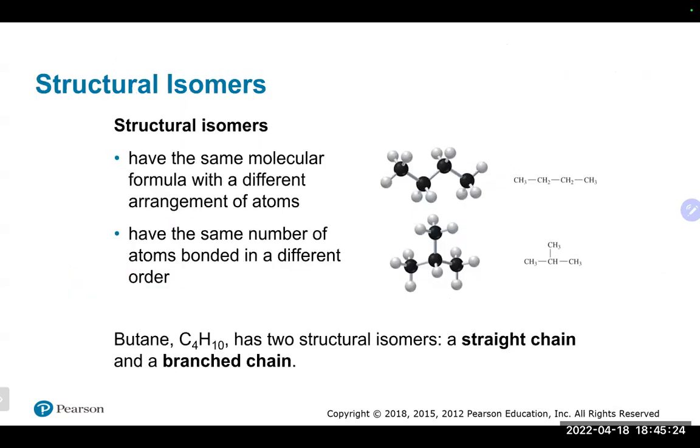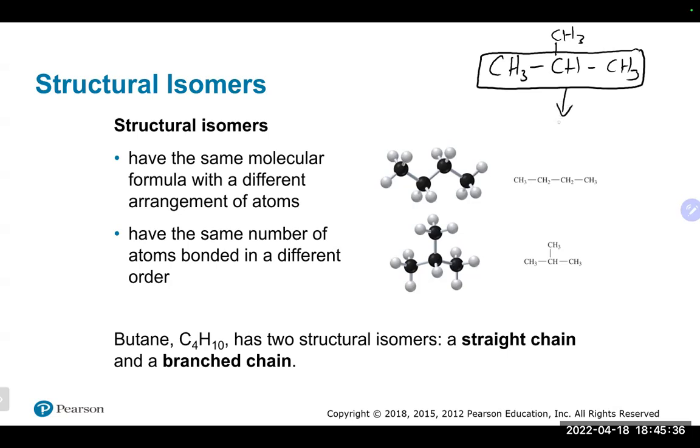So I'm just going to redraw it here so we can go through it one more time. CH3. So again, this part here, propane. This is our group that's attached, which is known as a methyl group because it has 1 carbon.